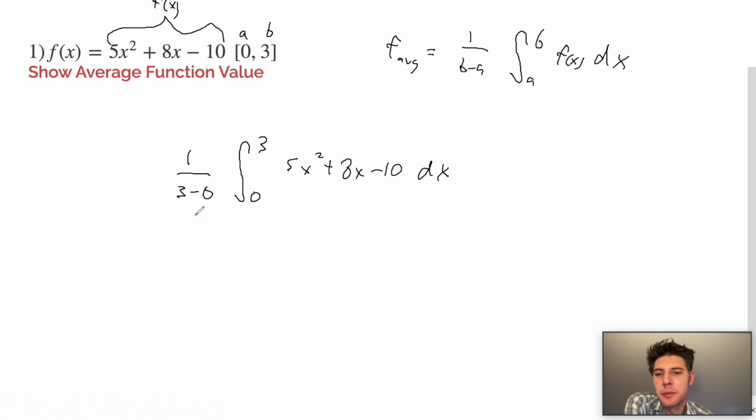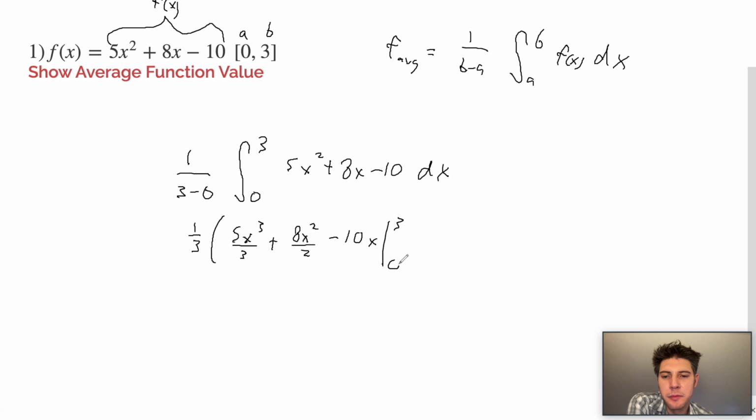So we can clean this up. 1 over 3, and then this would be 5x cubed over 3 plus 8x squared over 2 minus 10x from 0 to 3. And now we can plug in 3. 5 times 3 cubed over 3 plus 8 times 3 squared over 2 minus 10 times 3.